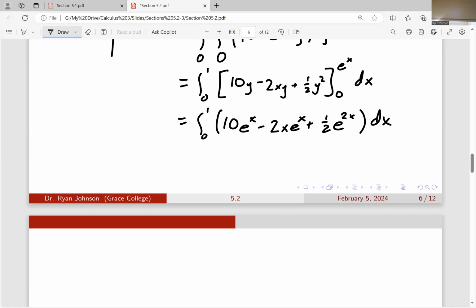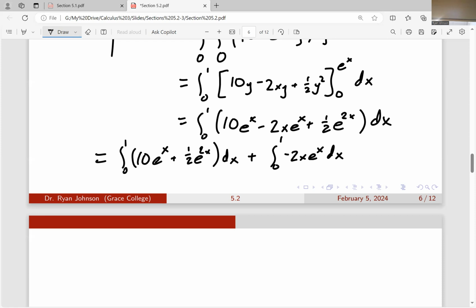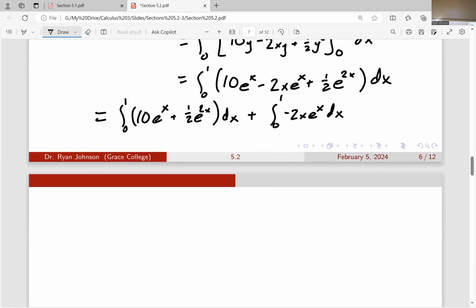Okay, and then let's split it up into the easy integral and the hard integral. The easy integral is the integral from 0 to 1 of 10 e to the x plus 1/2 e to the 2x dx. The harder integral is the integral from 0 to 1 of negative 2x e to the x dx, because we need to do integration by parts.